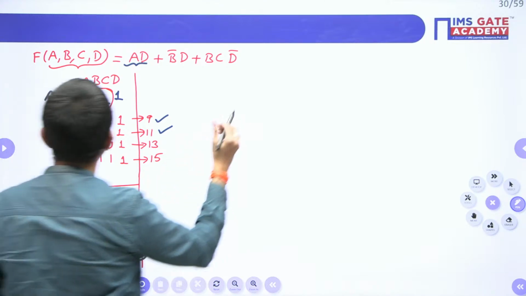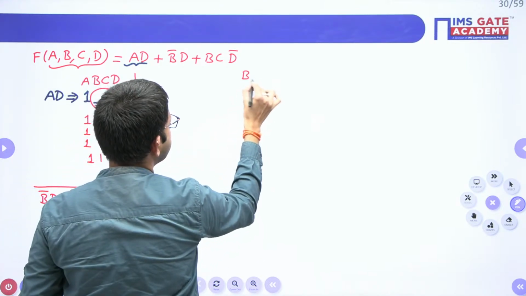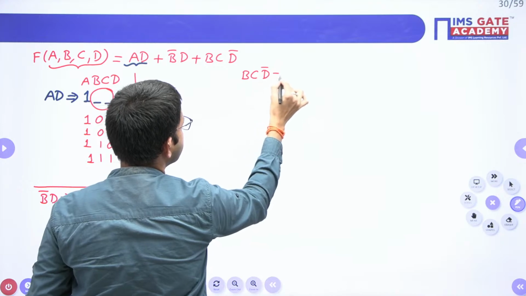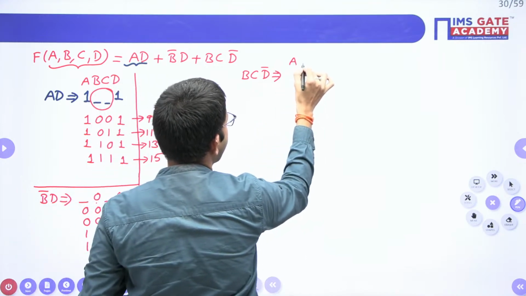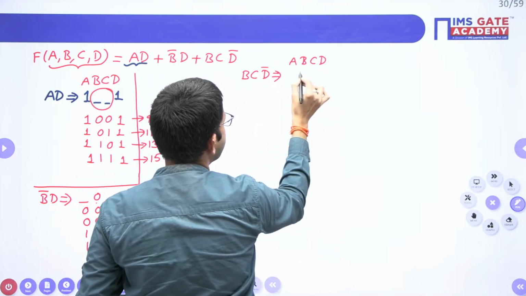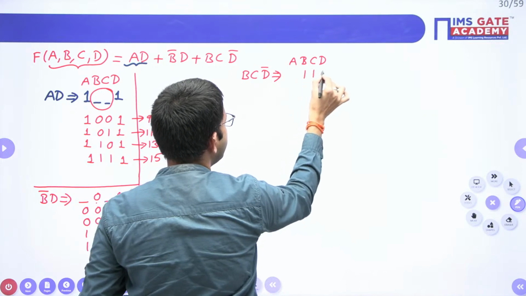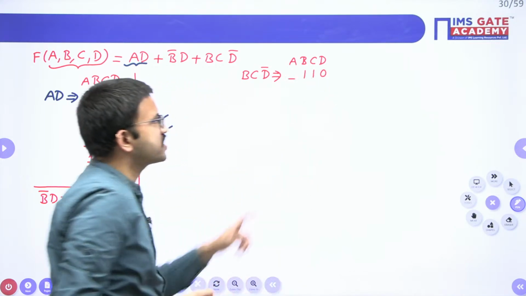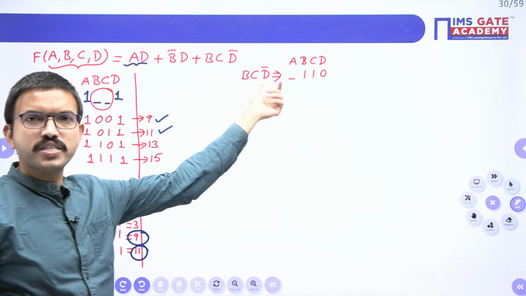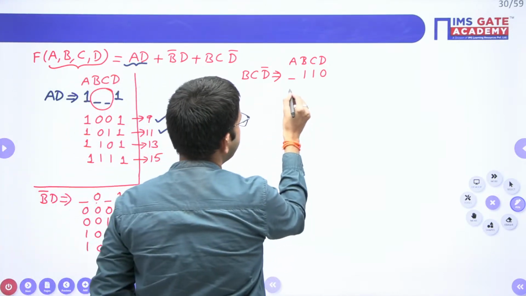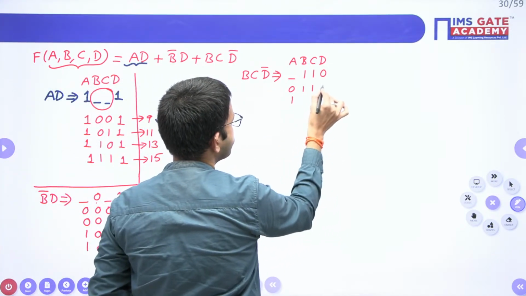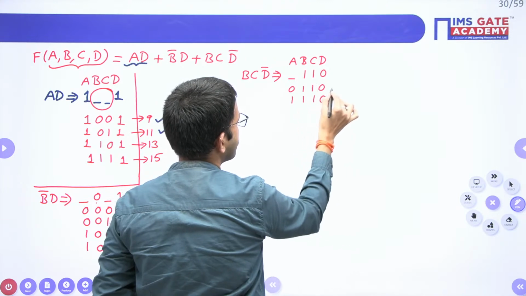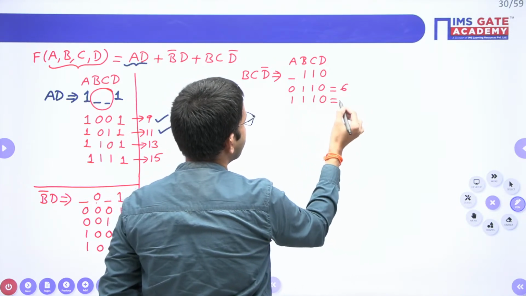Next, the other one is BCD bar. Here B value is 1, C value is 1, D value is 0. Here A value is missing. So 1 bit unknown means you will get two possible combinations. Either it can be 0 or it can be 1. Now this is 6.